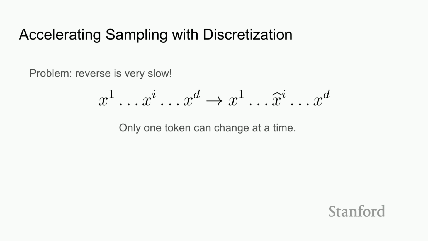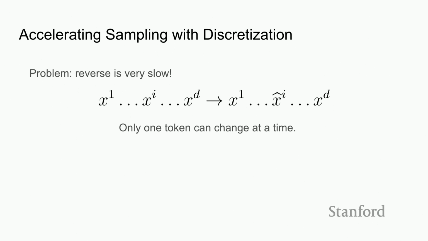Well, there's only one other problem, which is that when we try to actually do this reverse sampling, when we try to simulate the reverse, it's pretty slow. The reason it's so slow comes down to computational considerations. Basically, with x1 to xd, we're only jumping between that and another sequence which differs at one position.